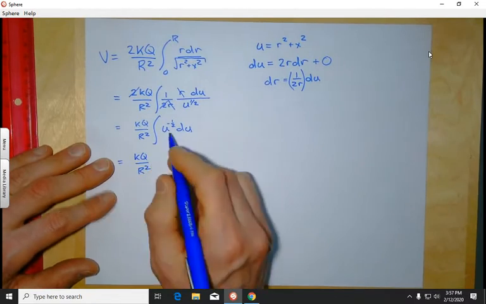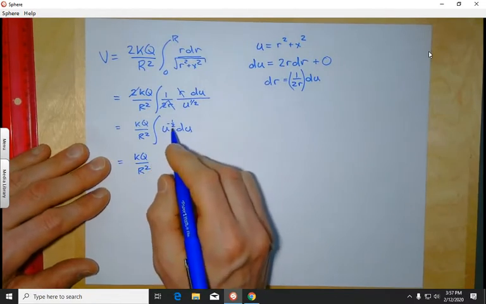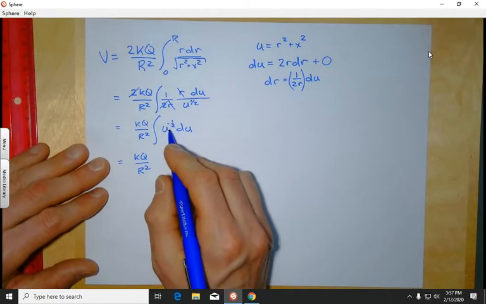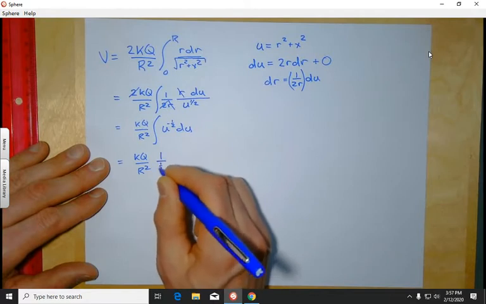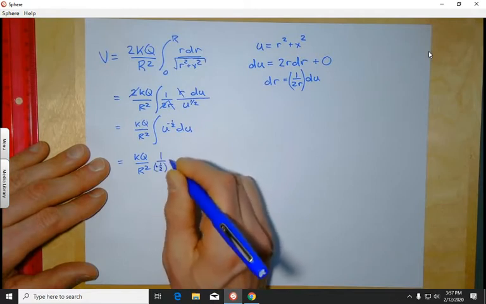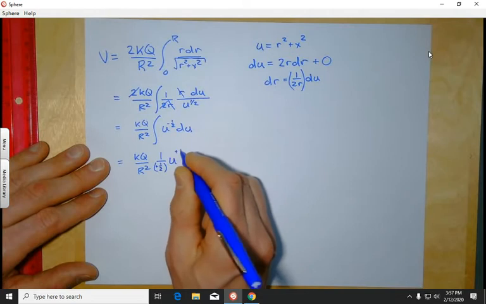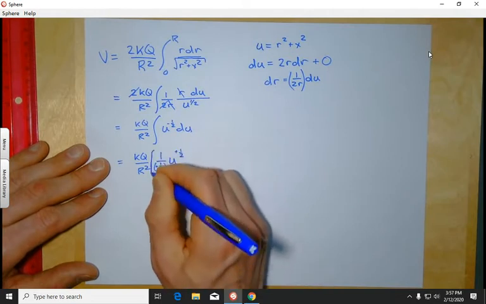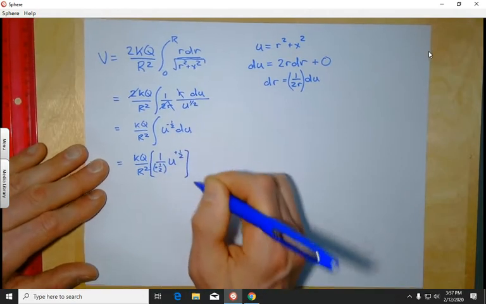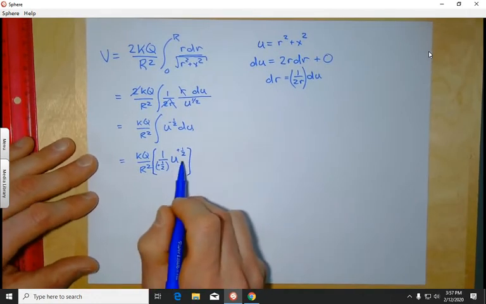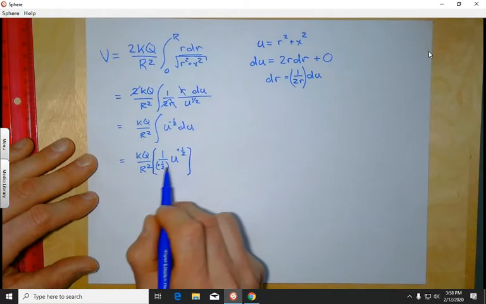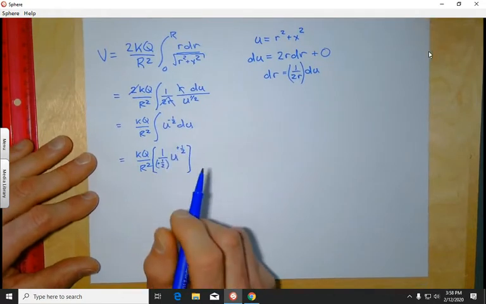When you integrate this, you add 1, so it's just 1/2, and then you do 1 over positive 1/2 times u to the positive 1/2. So I will be exceedingly detailed in how I write that. So you check that, right? This should be the antiderivative of what we have in the integral.